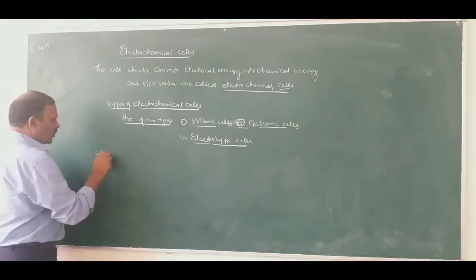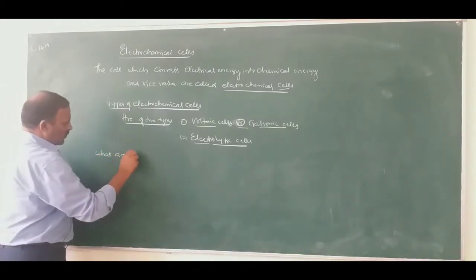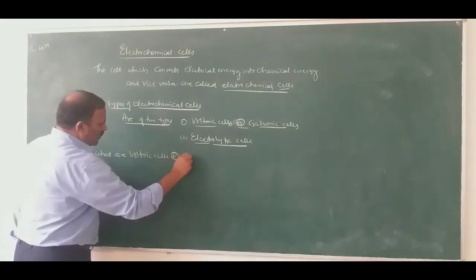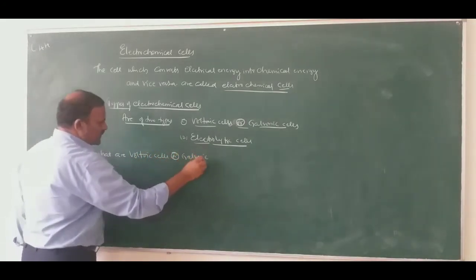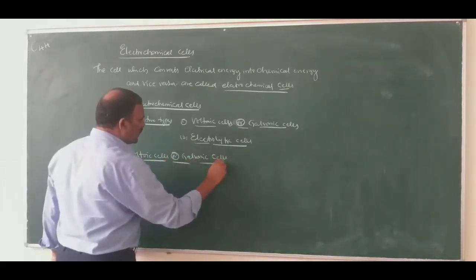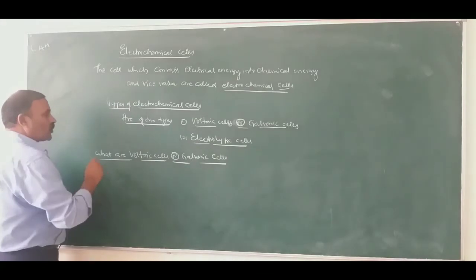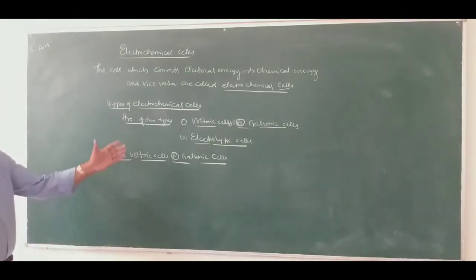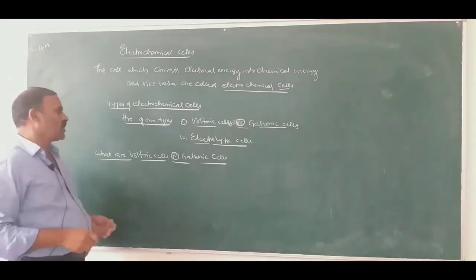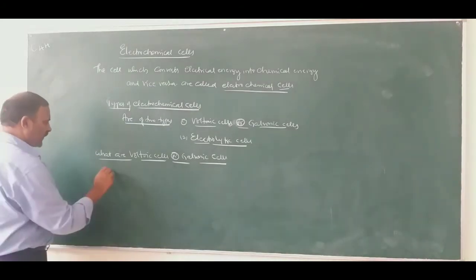So now we will know what are voltaic cells or galvanic cells. What are voltaic cells or galvanic cells? These are the electrochemical cells which convert chemical energy into electrical energy.